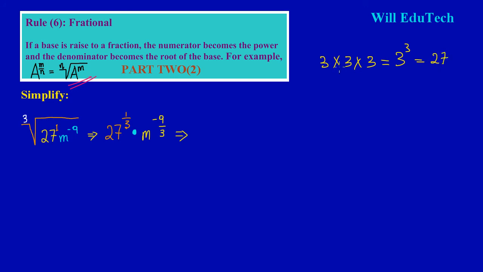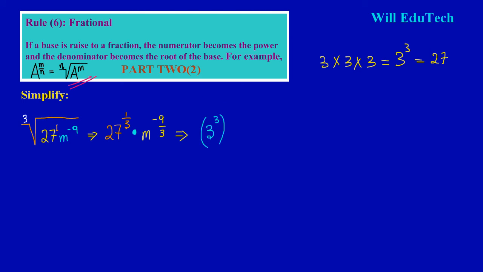All of these statements are true. So since 27 can be written as 3 to the 3, I can rewrite my 27 now. 3 to the 3 is the same as 27, so I haven't changed the value.